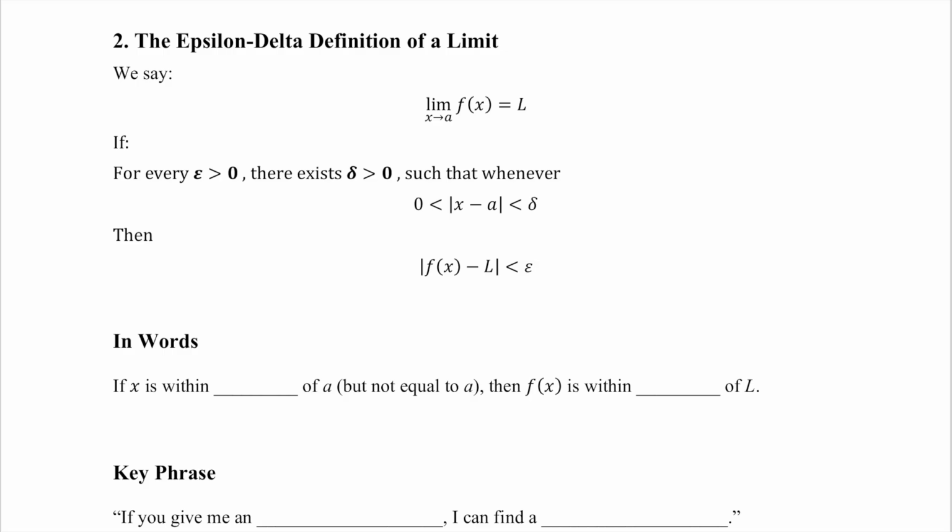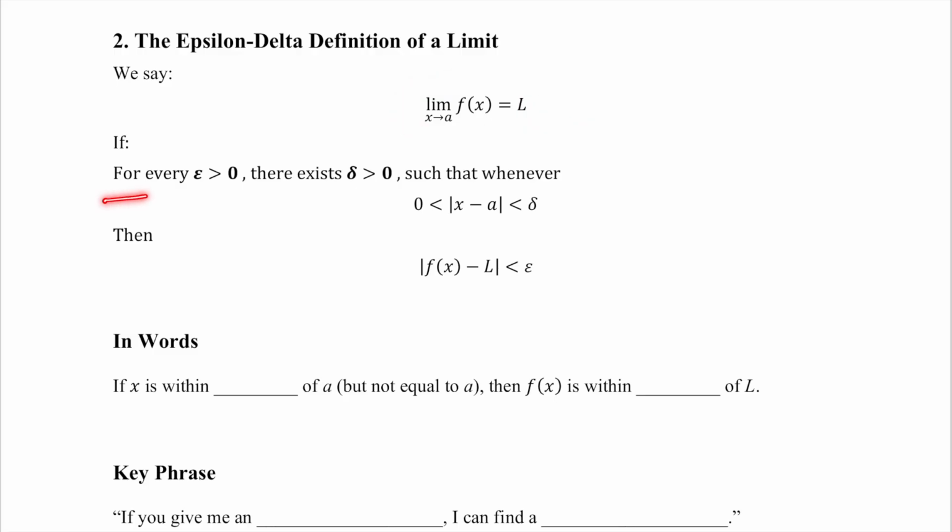Now that we understand how to measure closeness using absolute value, we're ready to define what a limit really means. We've been saying things like, as x gets close to a, f of x gets close to L. Now we're going to make that precise. We say the limit of f of x as x approaches a equals L if the following statement is true.